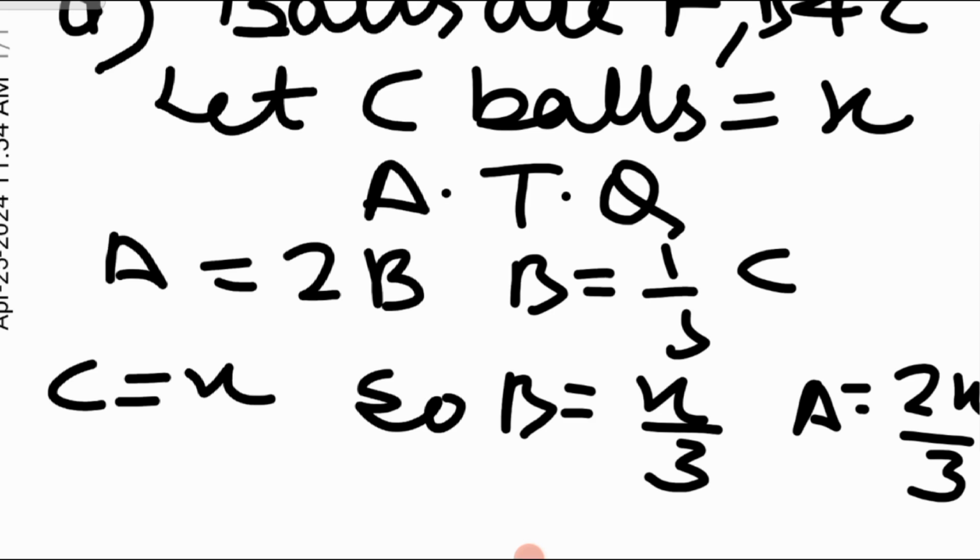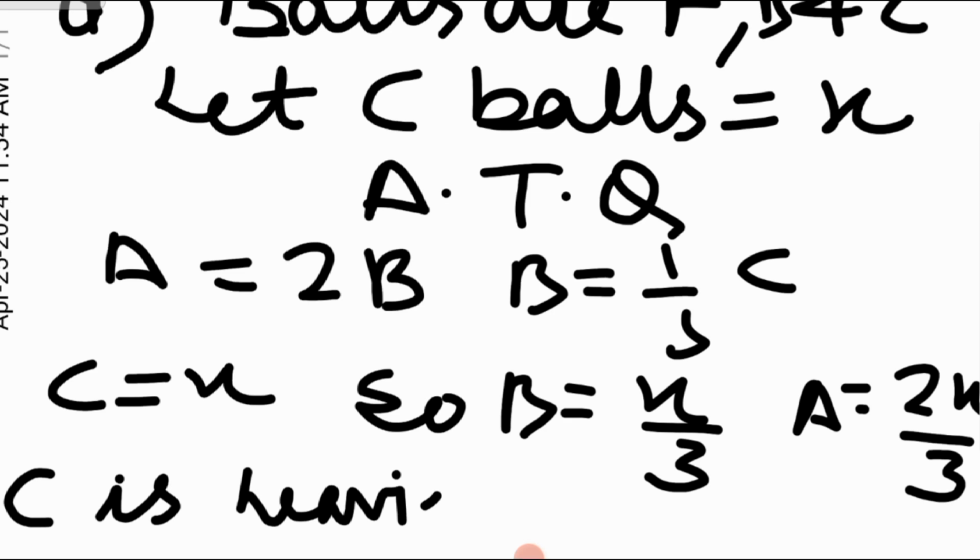So among all of these balls, C, B and A, ball C is heaviest. So by solving this question, the heaviest ball is C. That is, our third option is correct.